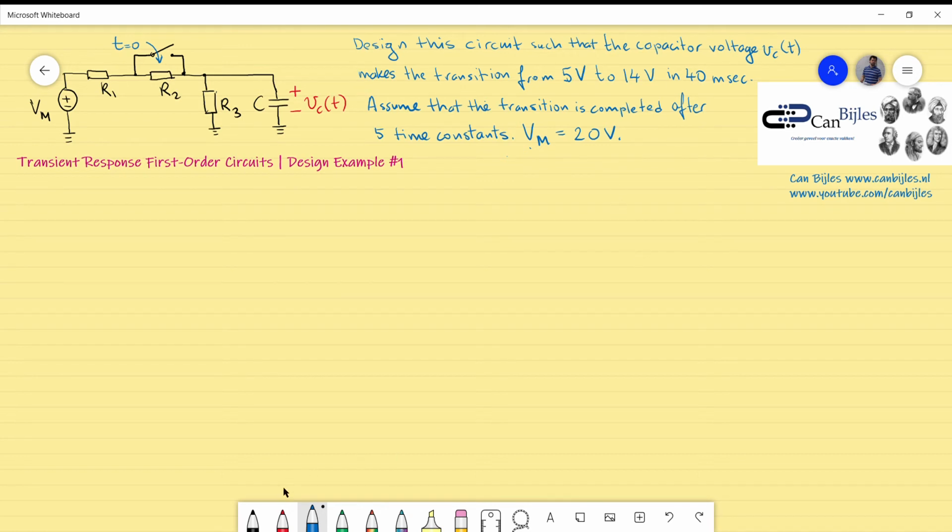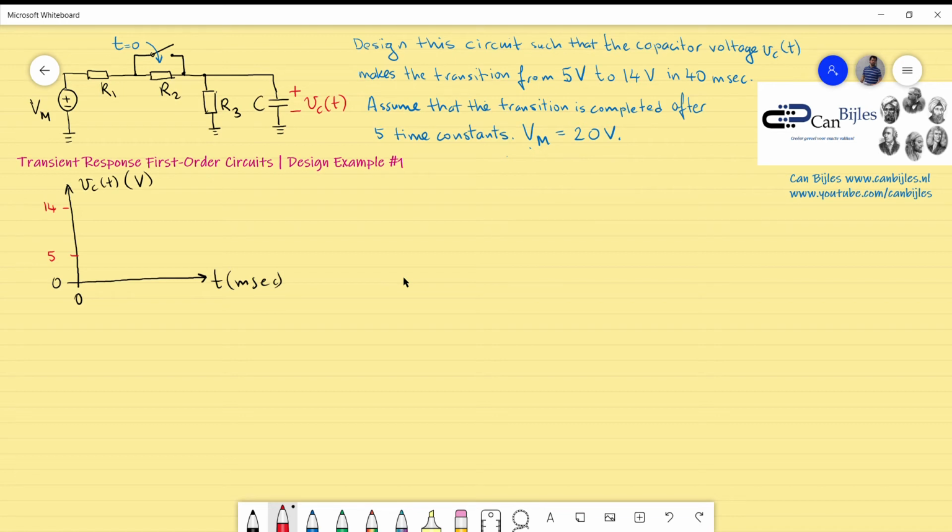So how do we start? Let's start maybe this time with a graph. So sketch the situation. What we have is the capacitor voltage and the time. The time is given in milliseconds, and this is the capacitor voltage as a function of time in volts. What's required is to make the transition from 5 volts to 14 volts in 40 milliseconds.